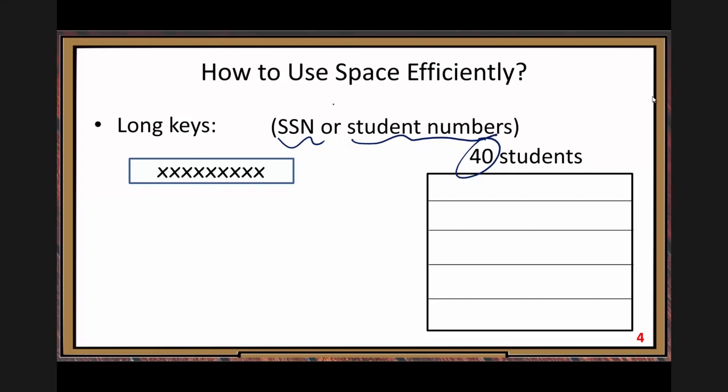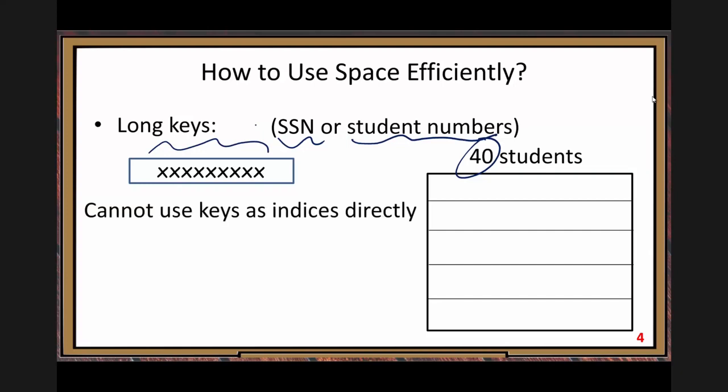You have long keys, but you only manage a small number of students. So the question, do you want to use an array to store these students' information with index? Because here the index is quite long. So you cannot use keys as indexes for an array directly.